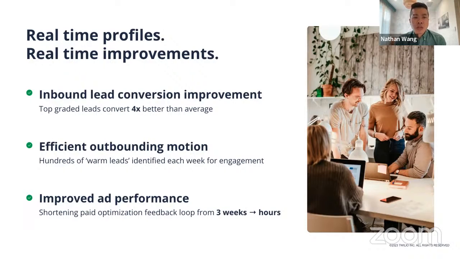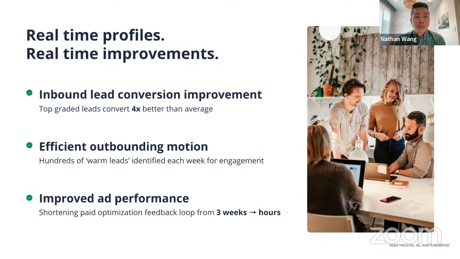So how should we prioritize their efforts? We trained an ML model to compute the propensity of inbound leads to convert into a customer. And using this information, sales reps were able to focus their efforts on higher graded leads and deprioritize leads that were poorly graded. This has led to dramatic improvements in conversion outcomes, where our top graded leads are 4 times as likely to convert as the average lead.